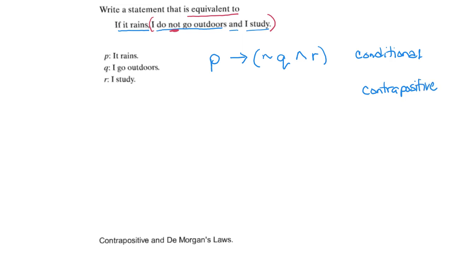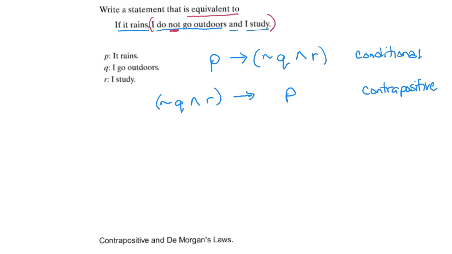If you recall on a contrapositive, the antecedent changes to the consequent, and the consequent changes to the antecedent, and then we take the negation of both sides. First of all, I will go ahead and rewrite this as not Q and R, and then place the P as the consequent.